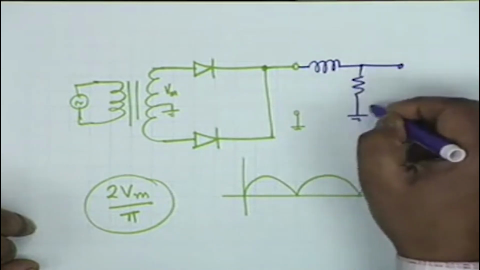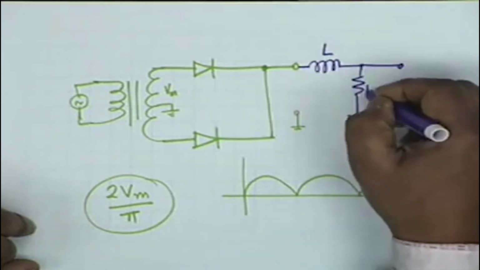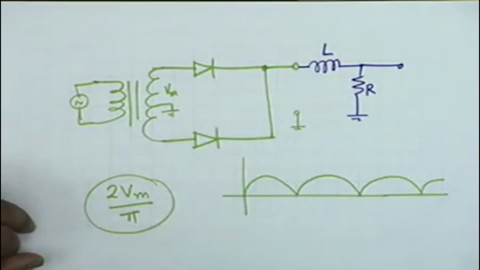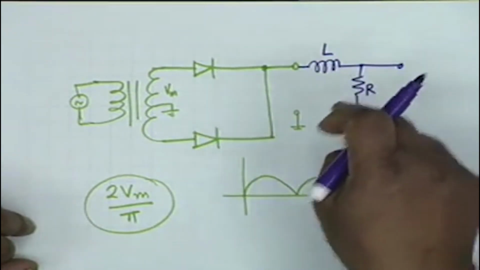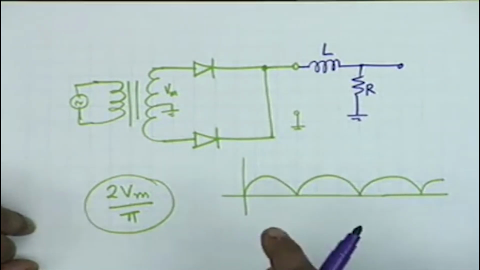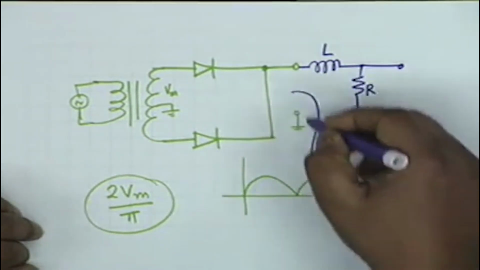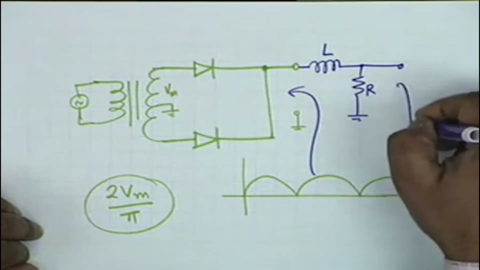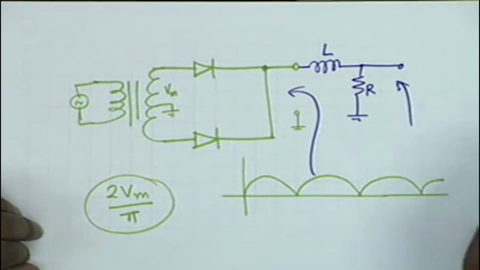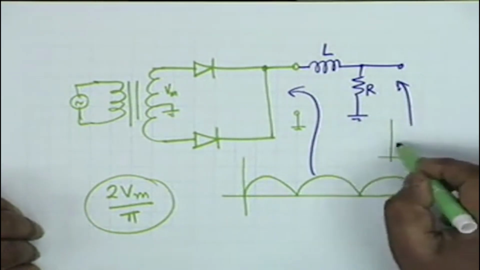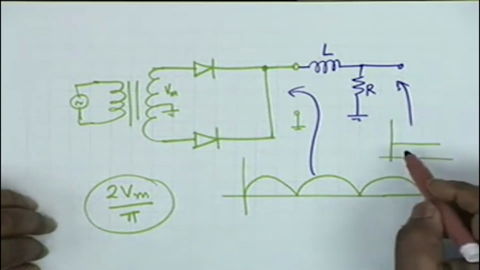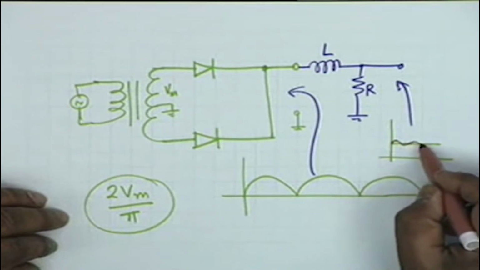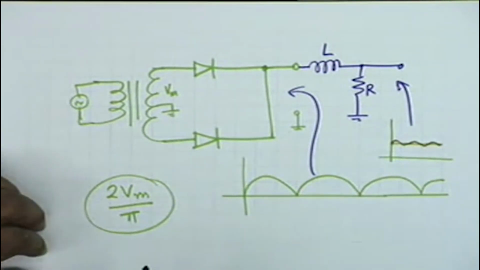The voltage across this resistance, if the inductance and resistance are properly chosen, should attenuate or reduce the AC component. In other words, if this is the input, then the output waveform should be a DC upon which is superimposed maybe a small AC. Maybe what you get is something like this.